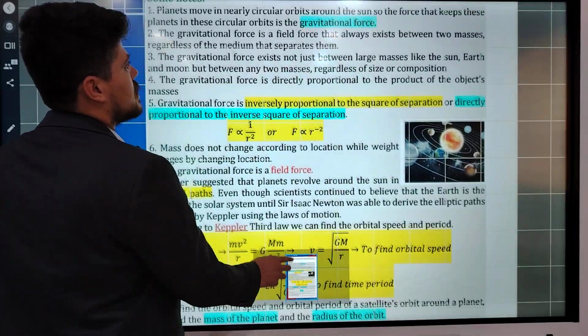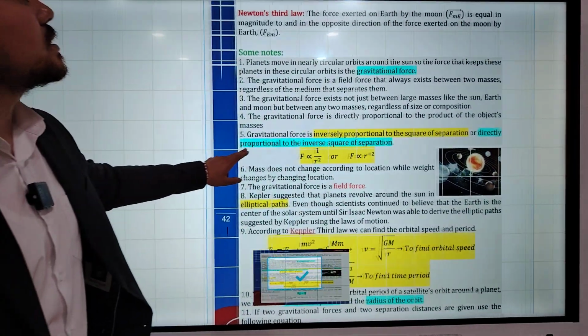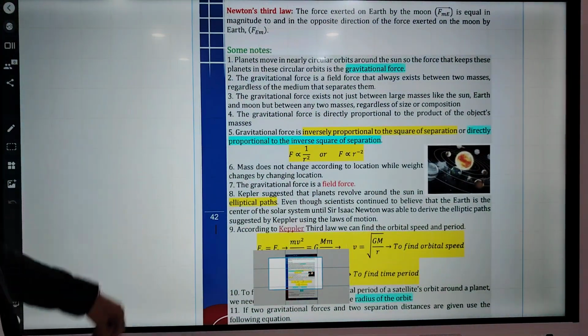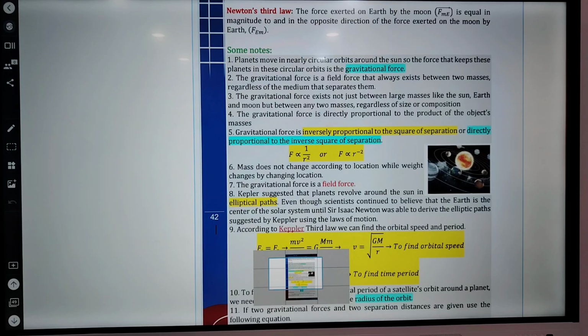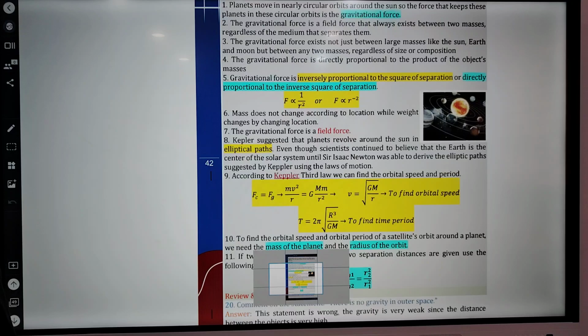Newton's third law, as I mentioned before: the force exerted on the Earth by the Moon is equal and opposite in direction to the force on the Moon by the Earth. The planet moves in a nearly circular orbit around the Sun, so the force that keeps it in this circular orbit is the gravitational force. For example, for the Earth orbiting the Sun, the gravitational force provides the centripetal force.